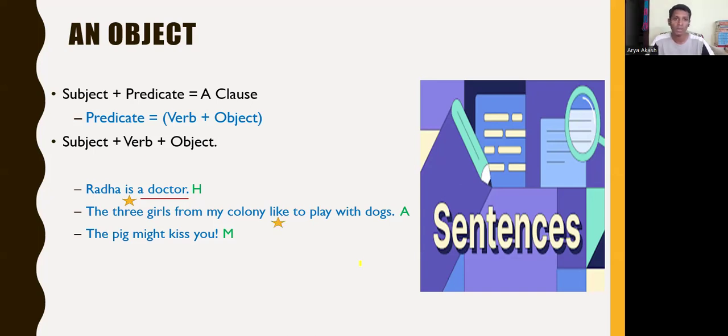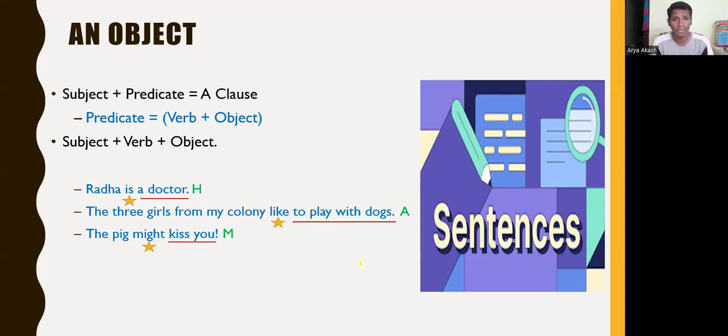It is an action. So the first example is a helping verb. The second example, the girls like to play with dogs, is an action. Third sentence, the pig might kiss you. Might here is a modal verb. Kiss you is the object.